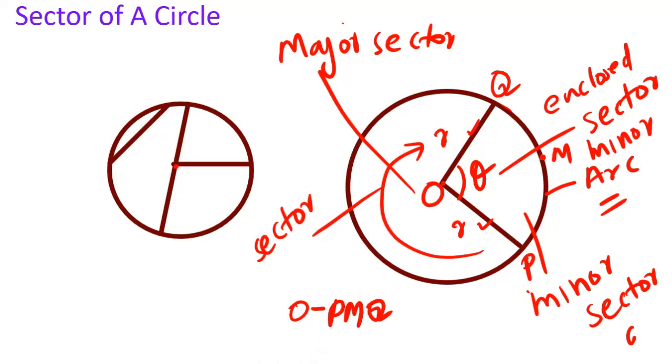I represent it like this. On the other hand, if I put a point over here and mark it as B, I will say PBQ with center O is representing a major sector. This is what is naming of a sector.